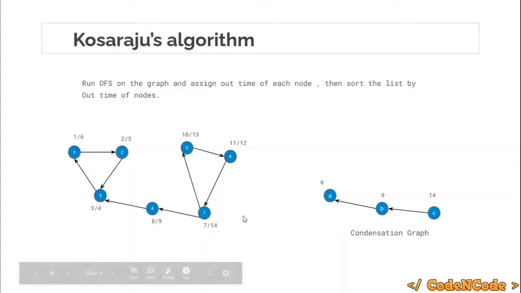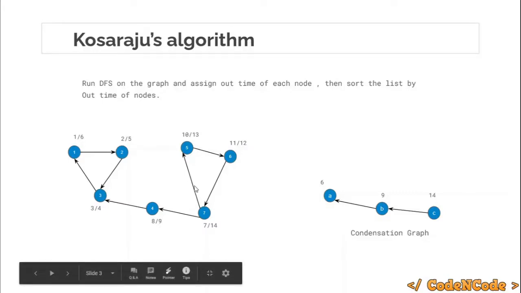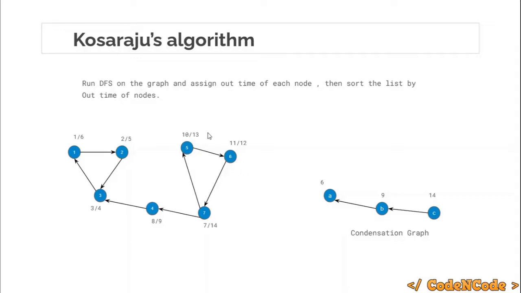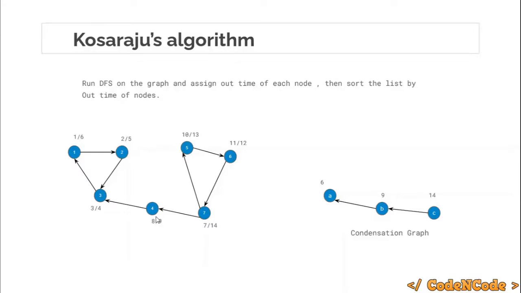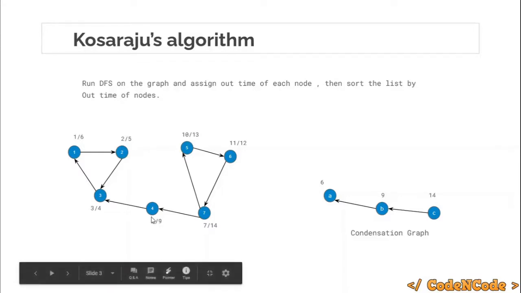Because this strongly connected component has 0 in degree, if I make a DFS call to it in the transposed graph, only this SCC will get traversed, and after that we remove it from the graph. Then you see this SCC has 0 in degree, and if I make a DFS call to this node in the transposed graph, only this one would be visited.